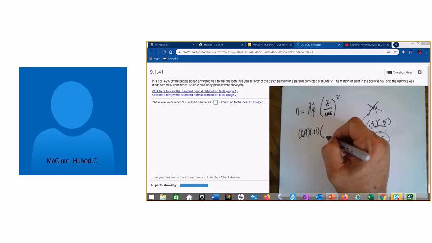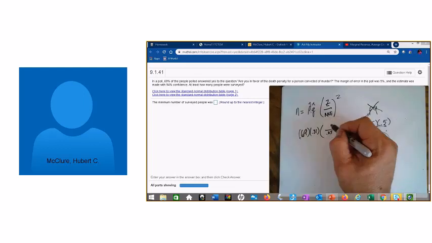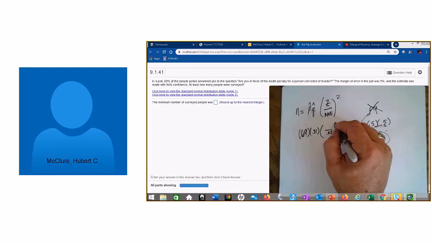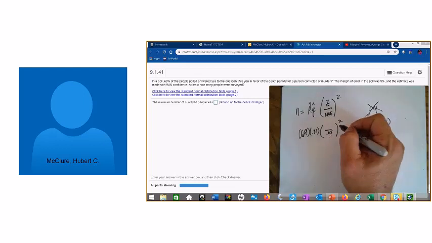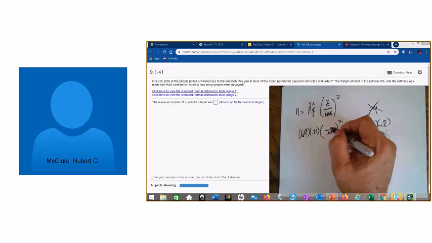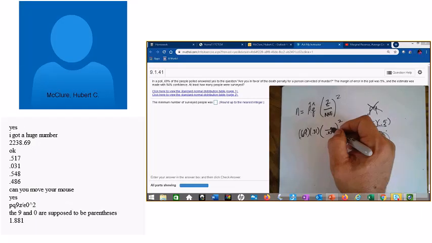What kind of interval? 94%. Somebody give me the z-score for 94, please. Look on your index card. 1.881.